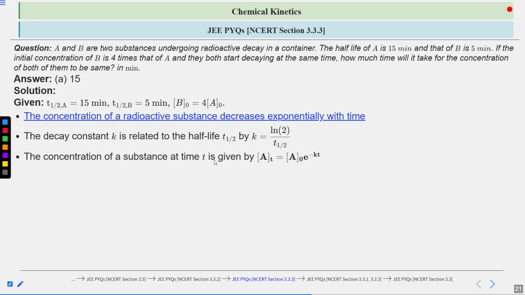So the concentration of the substance at time T is equal to the initial concentration multiplied by e to the power minus kt. This is the relation we are talking about, that the concentration of a radioactive substance decreases exponentially with time.